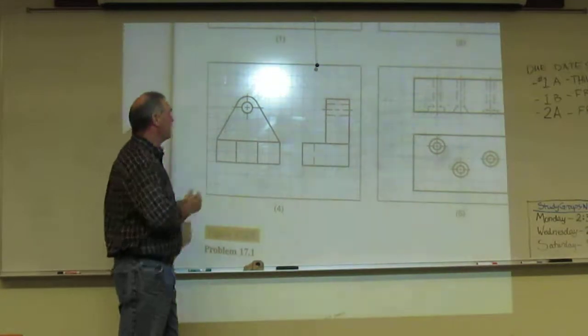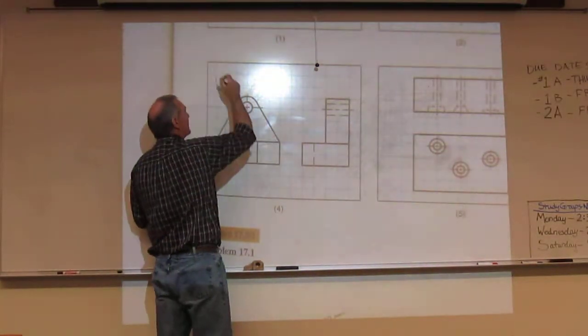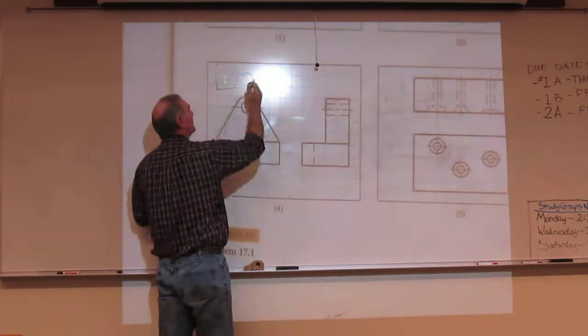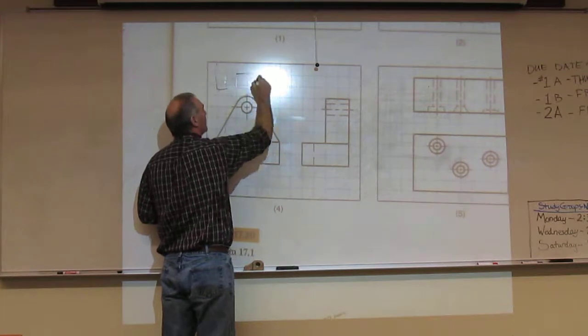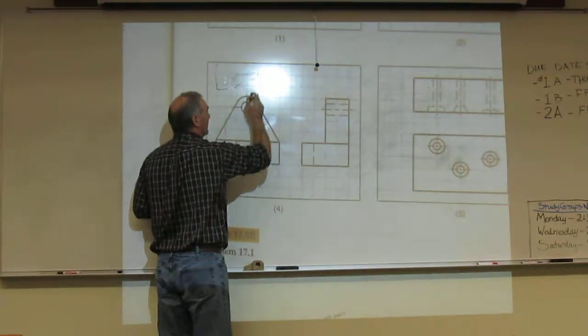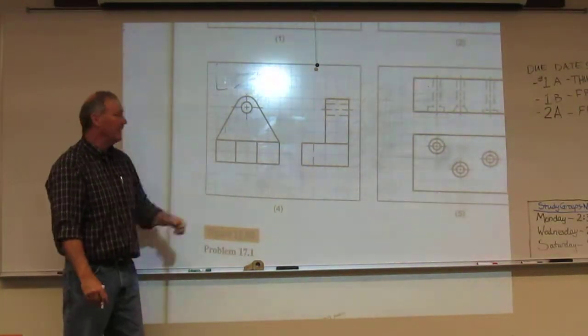If I was to look at it, you've got to get this view, because it could be that. We don't know. It could be that. It could be a lot of different shapes. So you're going to need another view.